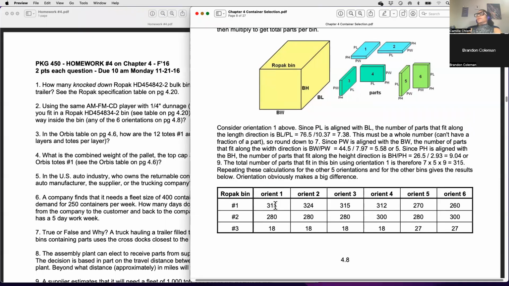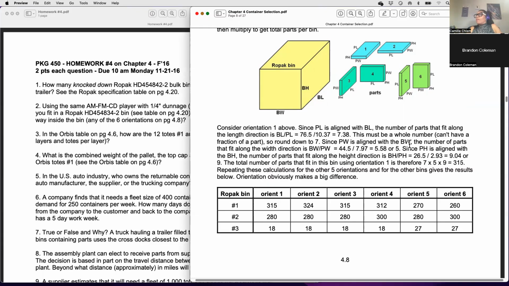Since the length of the part is aligned with the length of the bin, you're looking at taking this and orienting it the same way as the bin.